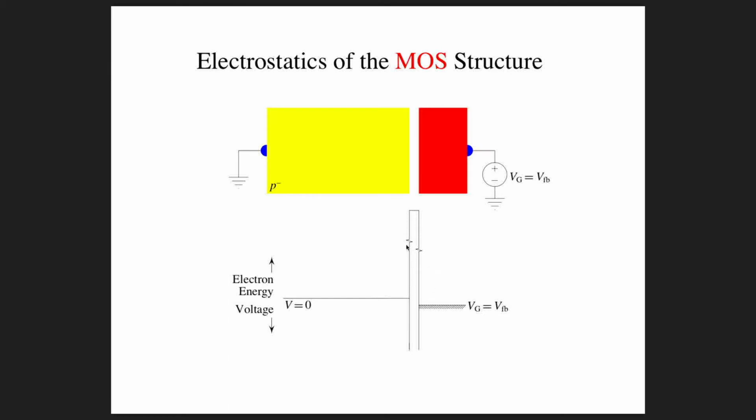This energy barrier that exists when you go from the silicon to the silicon dioxide, which I mentioned was an insulator, is very, very, very tall. And so I've drawn these little squiggle lines here to represent the fact that this is a very, very tall energy barrier. To give you a sense of scale, the height of this energy barrier between the silicon and the silicon dioxide is about 3.2 electron volts.